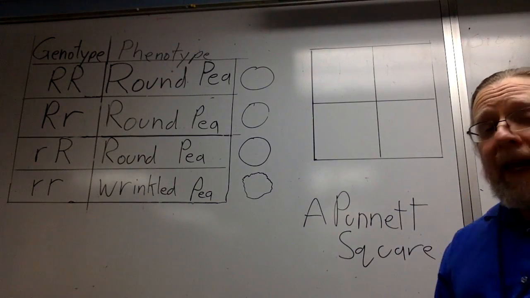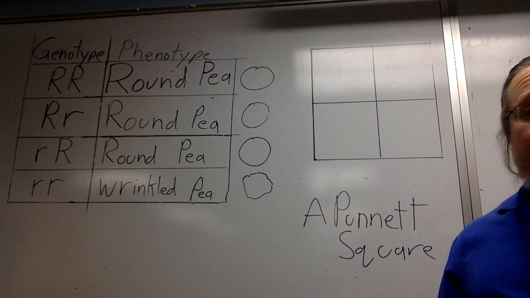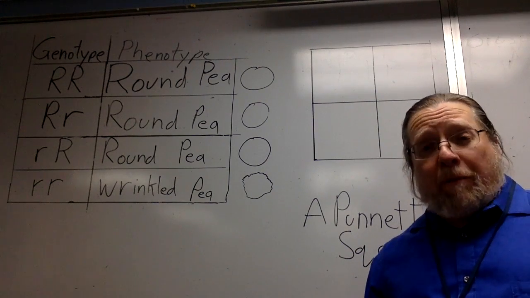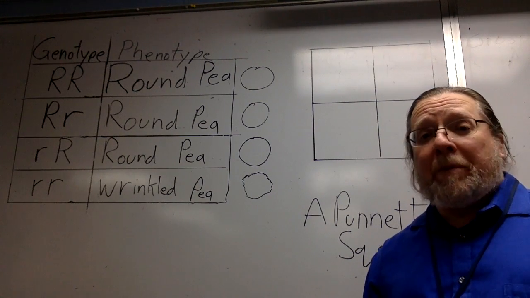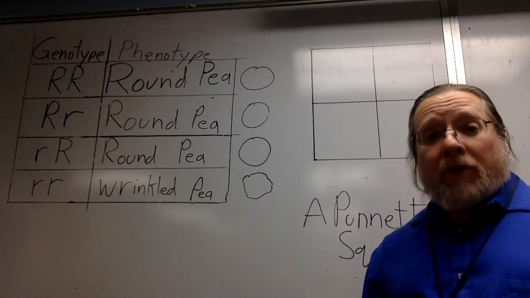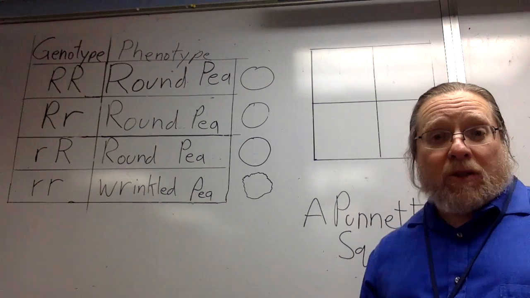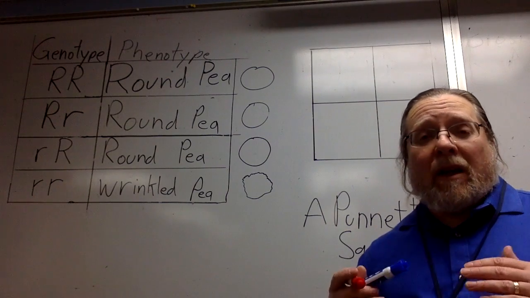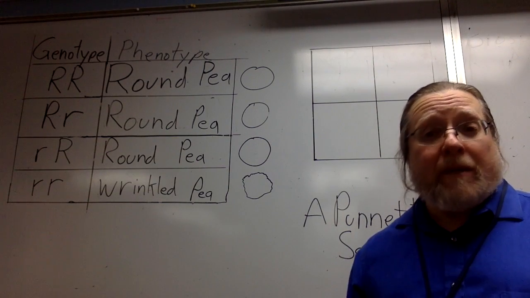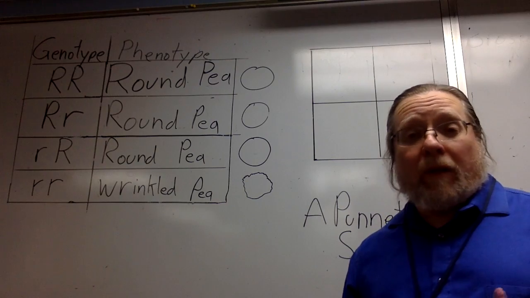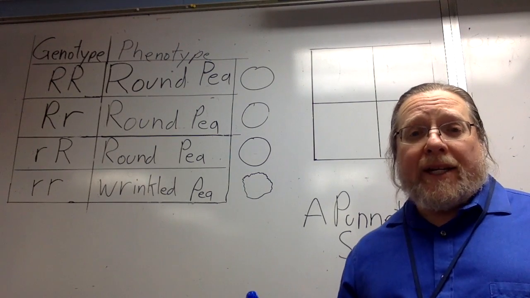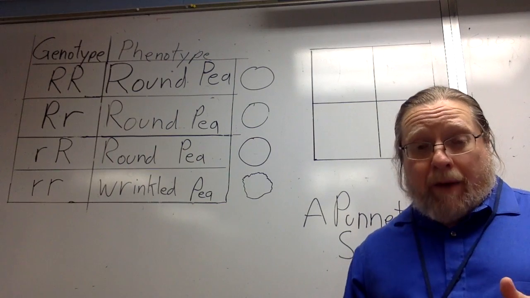So Mendel had spent time seeing that he could get pea plants that bred true. So when they self-pollinated, he had a group of peas that produced round peas, round seeds. He had another variety that very consistently produced only wrinkled seeds. He took these two varieties and crossed them.